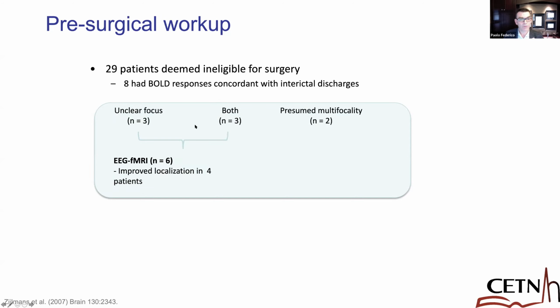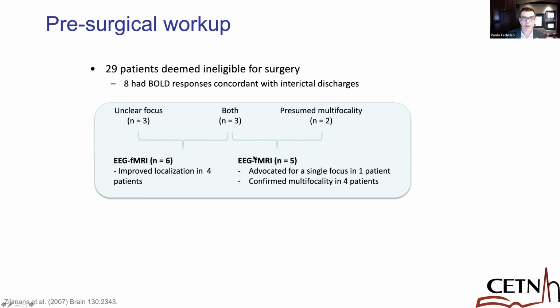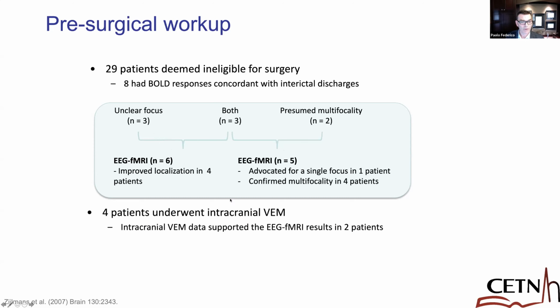When they looked at the patients that had an unclear focus, there were 6 patients, and the scalp EEG-fMRI data in these patients improved localization in 4 of them. In patients with presumed multifocality, scalp EEG-fMRI advocated for a single focus in 1 patient, but confirmed multifocality in 4.